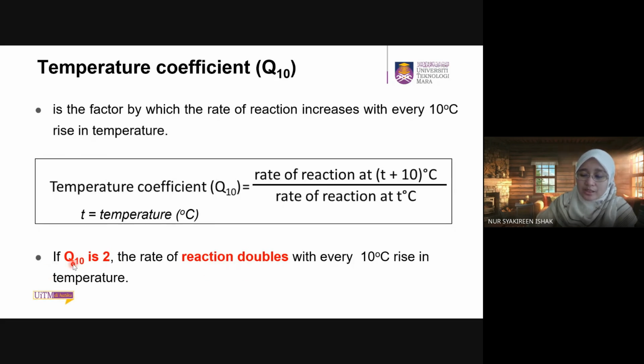But if Q10 is 3, it means the reaction triples. So if Q10 is 2, the rate of reaction doubles with every 10 degrees rise in temperature.